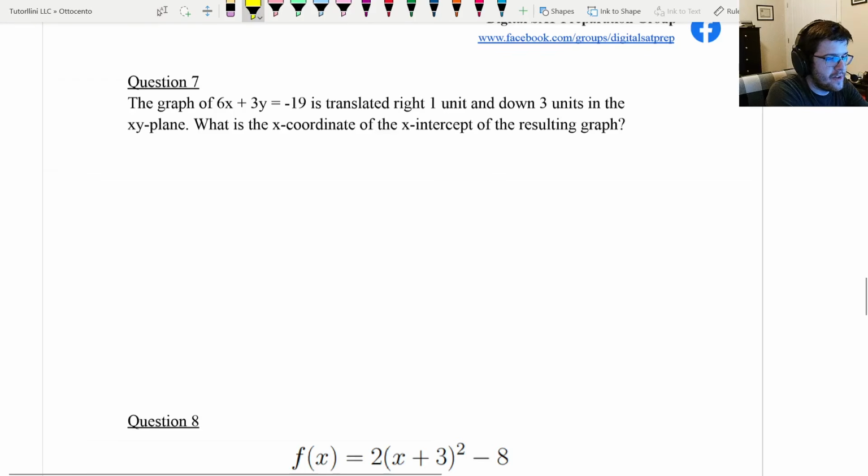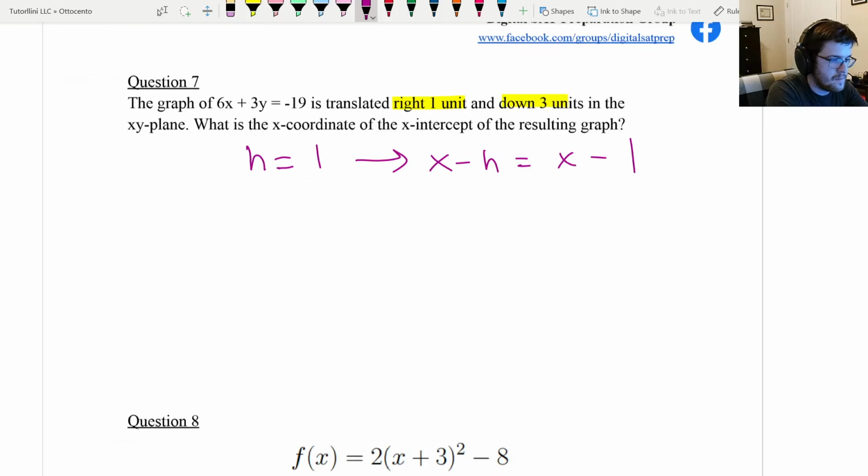All right, this is a tricky one. We have to go right 1 unit and down 3 units. Okay, so h is right 1, so that's positive 1. X minus h is going to be equal to x minus 1. Then we're going to go down 3 units, so that means k equals negative 3.